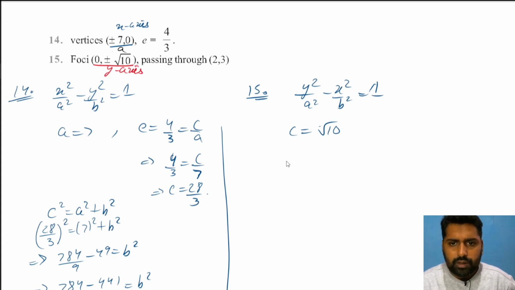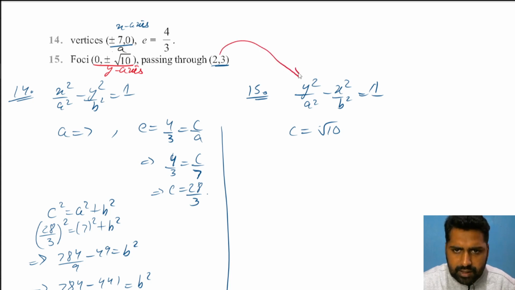Now he is saying that it is passing through 2 comma 3. If the hyperbola is passing through 2 comma 3, that means this point lies on that curve and will satisfy this equation, like in the ellipse we did.